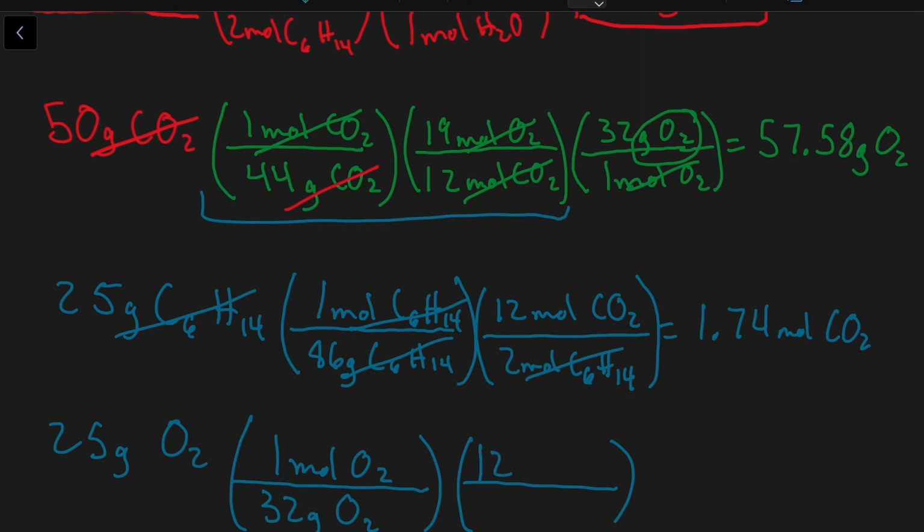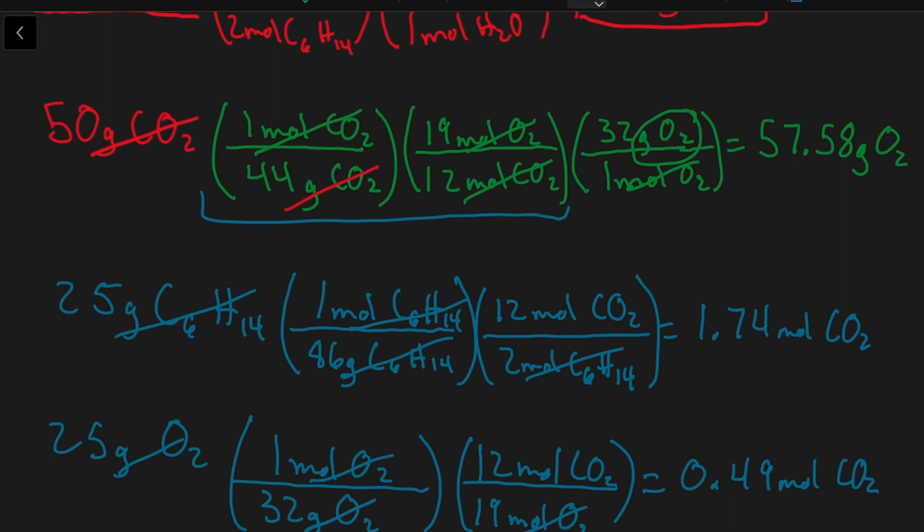So again, you have 12 mole of CO2, that's not changing from the other one, but now you have 19 moles of O2. So the result, after also cancel out here moles and moles and grams, and get moles of CO2, it's 0.49 mole of CO2.